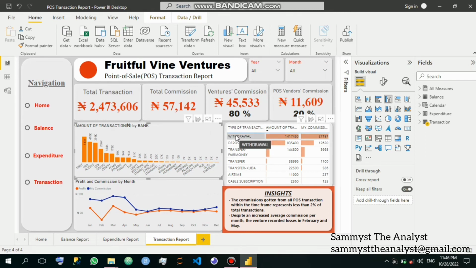Now, when I click on the withdrawal type of transaction, I want to see how this visual takes it, that is the total amount of transaction accrued to withdrawal, and then the commission. It shows the total commission, the venture's commission from withdrawal, and the POS vendors' commission that was gotten from withdrawal transaction.